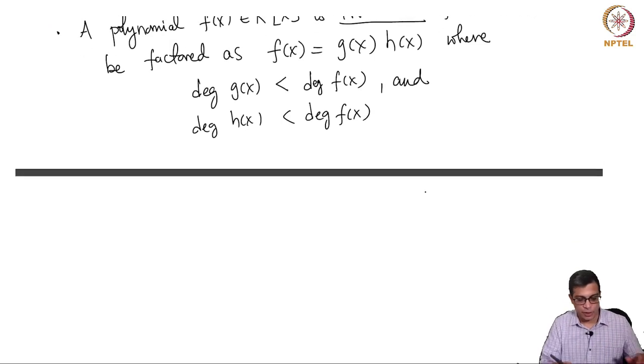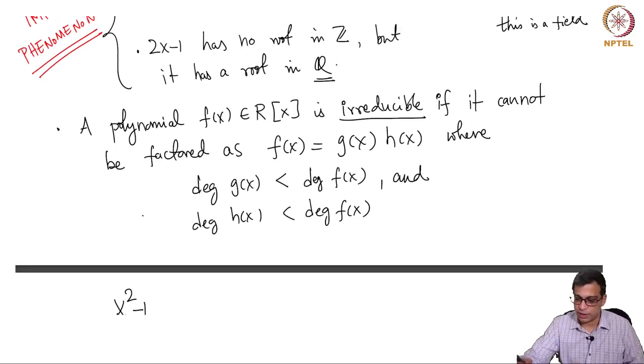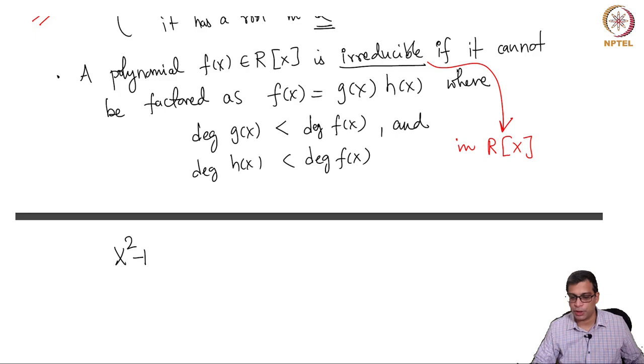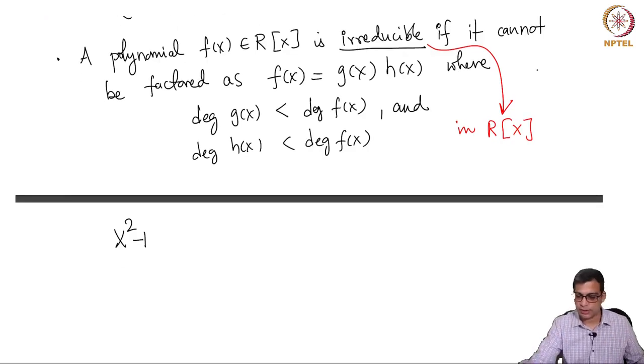Okay, for example, I want you to emphasize here irreducible, here I should write in R[x], because irreducibility is a property of the ring which you are working with. So f is irreducible in R[x] if it cannot be factored as this, where g and h are, of course, in R[x].